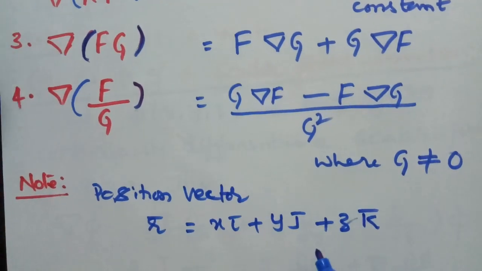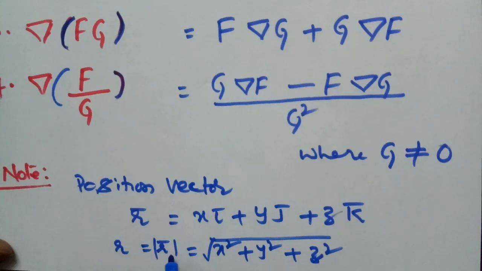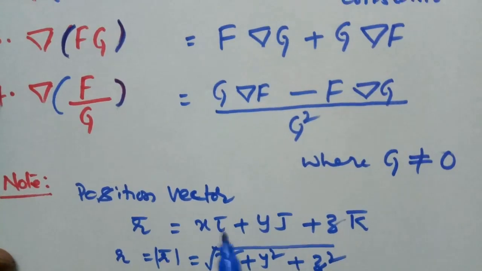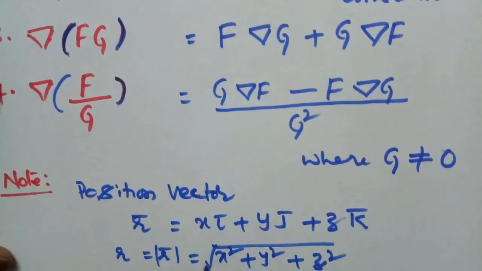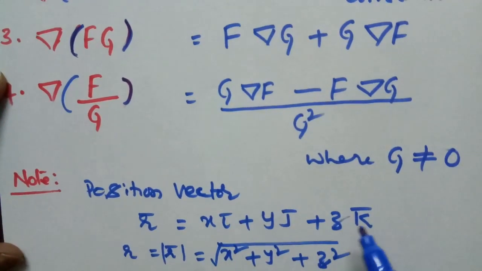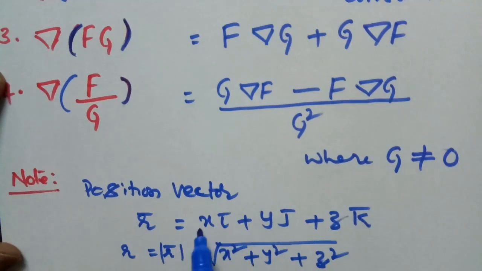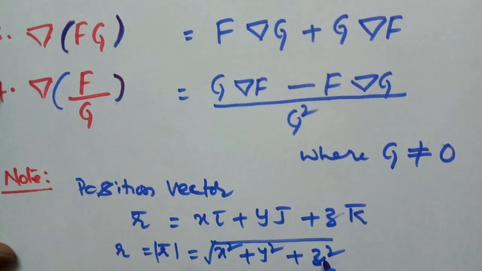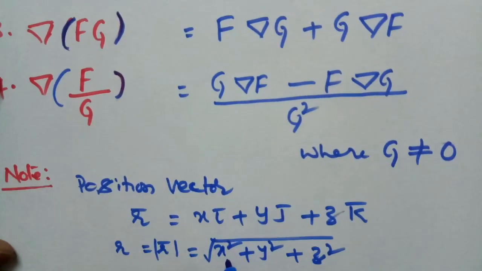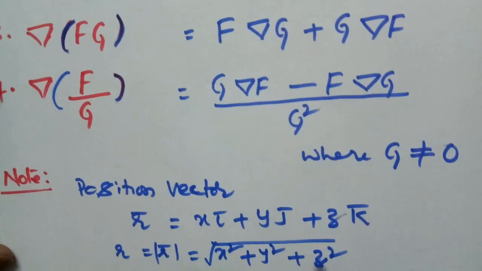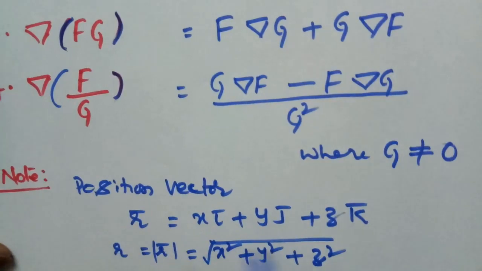In our intermediate we have already discussed this. And the modulus of r bar, the magnitude of a position vector, is obtained by taking the square root of the sum of the squares of the components of i bar, j bar and k bar. That is square root of x square plus y square plus z square, the component of i bar whole square plus the component of j bar whole square plus the component of k bar whole square. This is the magnitude of the position vector.